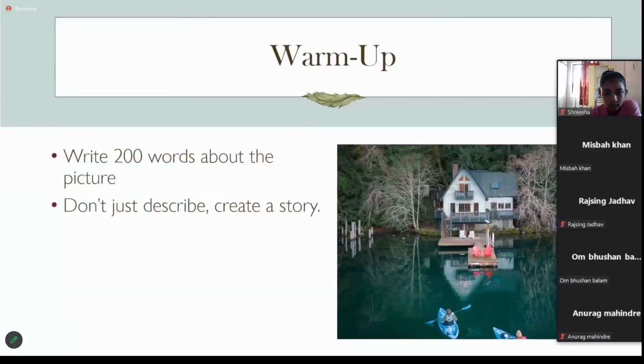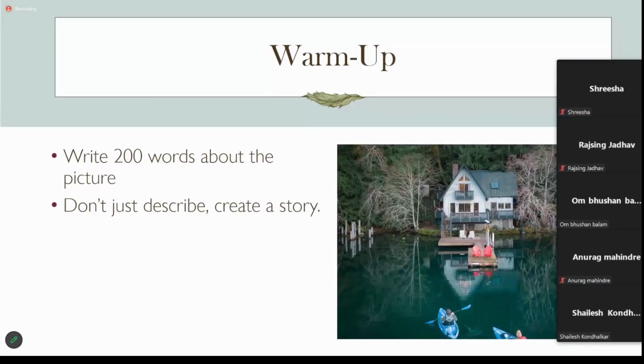Okay, so I hope everyone has a pencil and paper or something to write on and with. The warm-up right now is, there's a picture on the screen. I hope everyone can see it. There's a house, a lake, forest, and a couple boats.